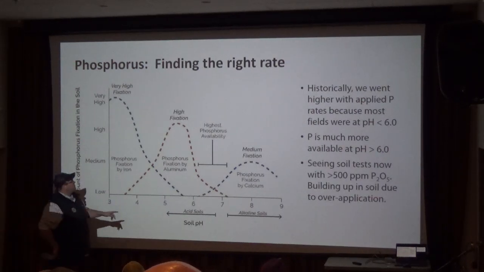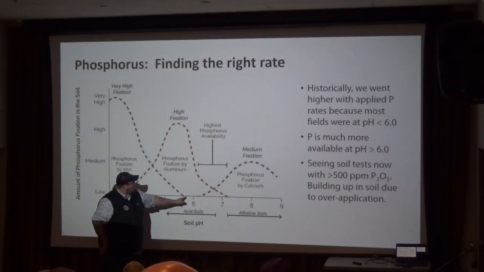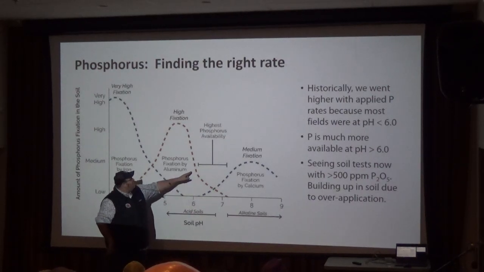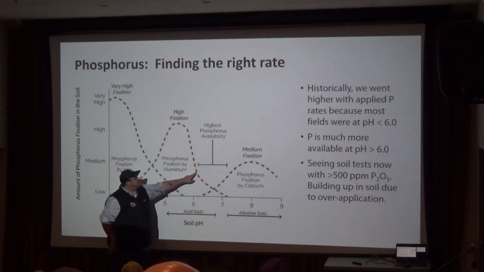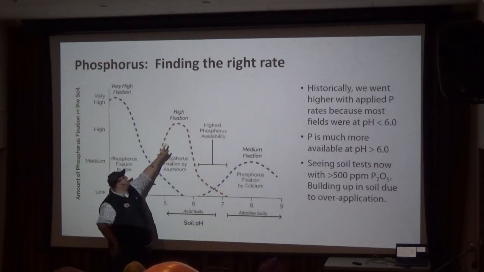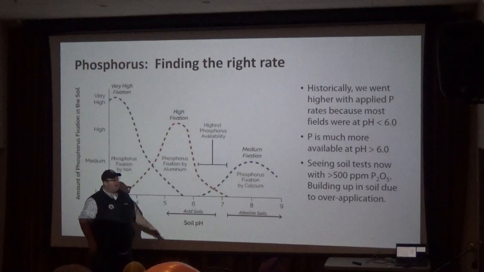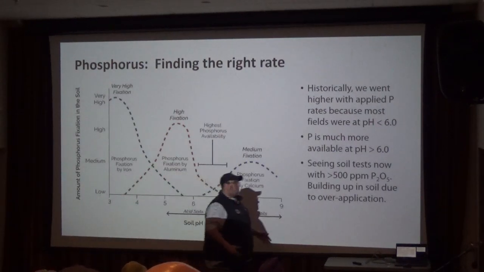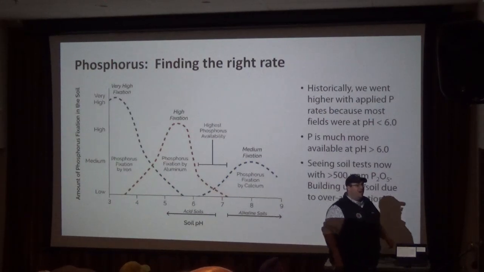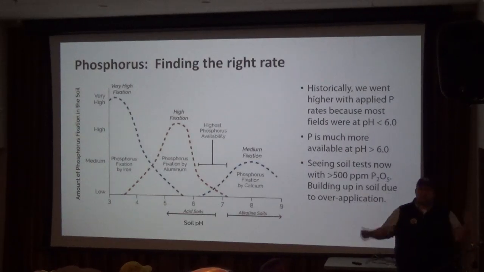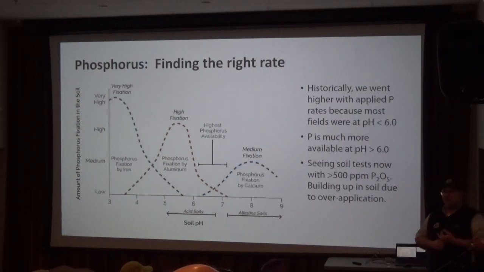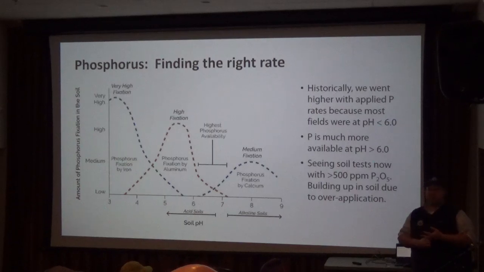But all you have to do is get up to 5.8, 5.9, 6, and at 6 it's like 75% more available than it was at 5.5. A lot of fields that I test for my trials, working with growers, are 5.9, 6, 6.1, because you're trying to get alfalfa to grow, or other crops to grow better, or a good crop of winter wheat.